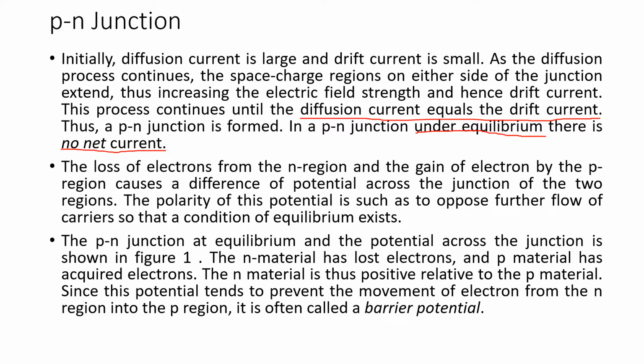Since the potential tends to prevent the movement of electrons from the n region to the p region, it is called barrier potential. The potential which prevents movement of electrons from n to p is called the barrier potential.